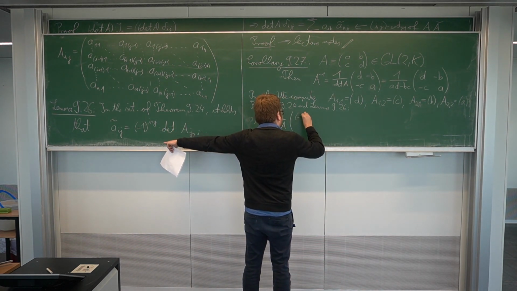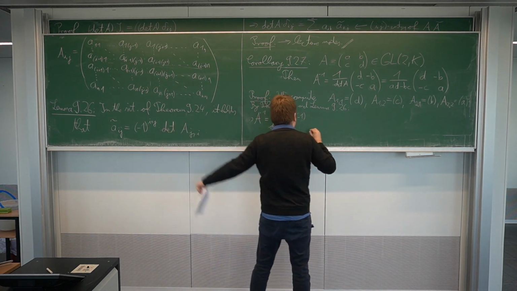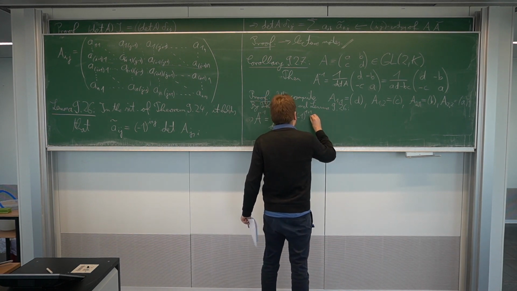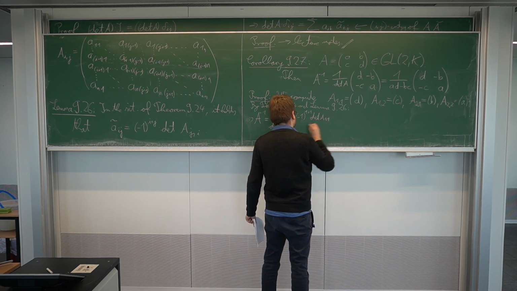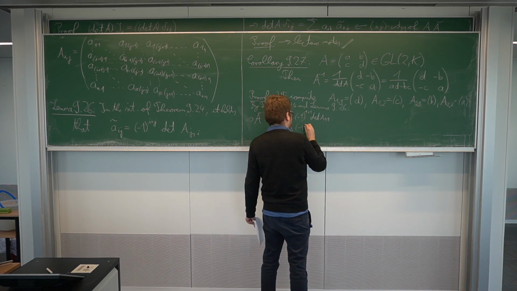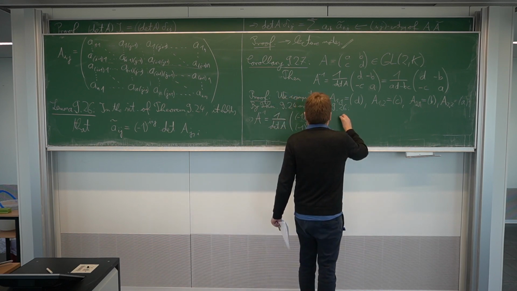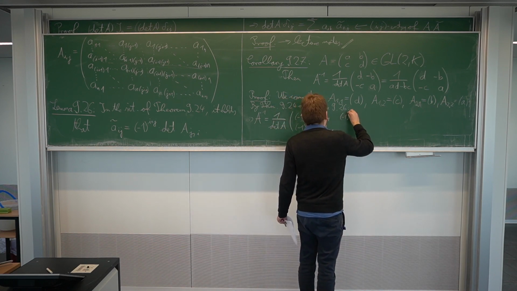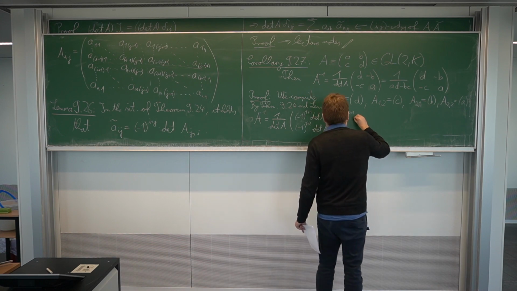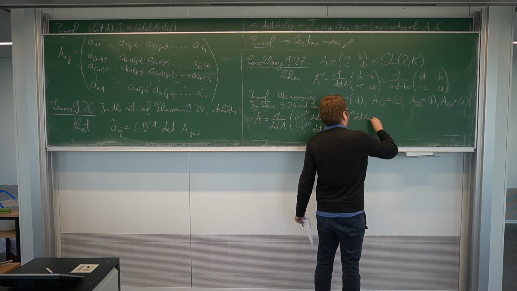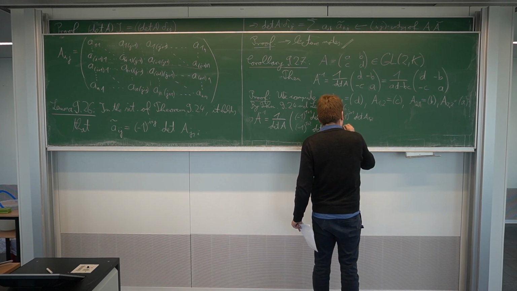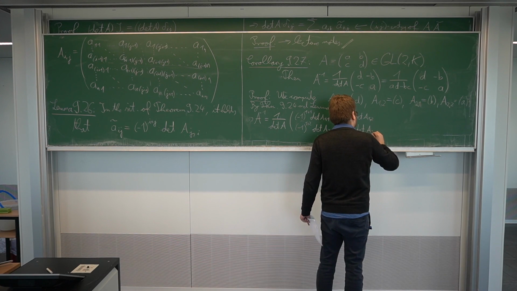In the first one, i and j are both 1, so we get (-1)^(1+1) times the determinant of A_11. Let's make this explicit once: here we get (-1)^(1+2) and the determinant of A_21. Here we get (-1)^(2+1) and the determinant of A_12. And here we get (-1)^(2+2) and the determinant of A_22.